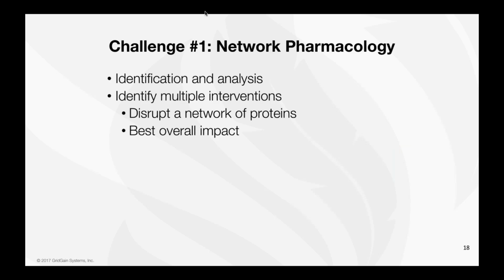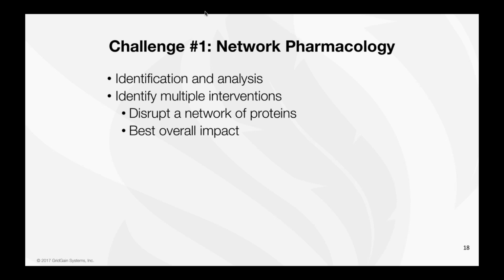Okay, so there's a couple of challenges they faced. The first challenge is network pharmacology. Here, what they're trying to do is identify and analyze a specific network of proteins associated with a particular disease, and then look for multiple intervention points as to how to help.